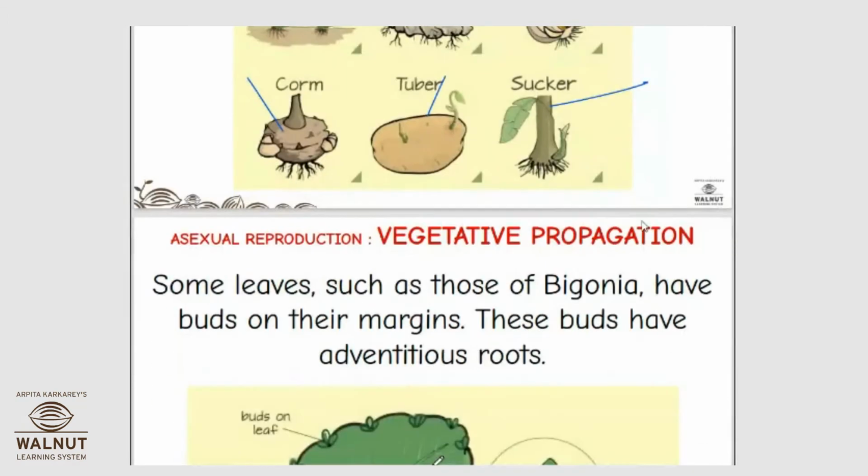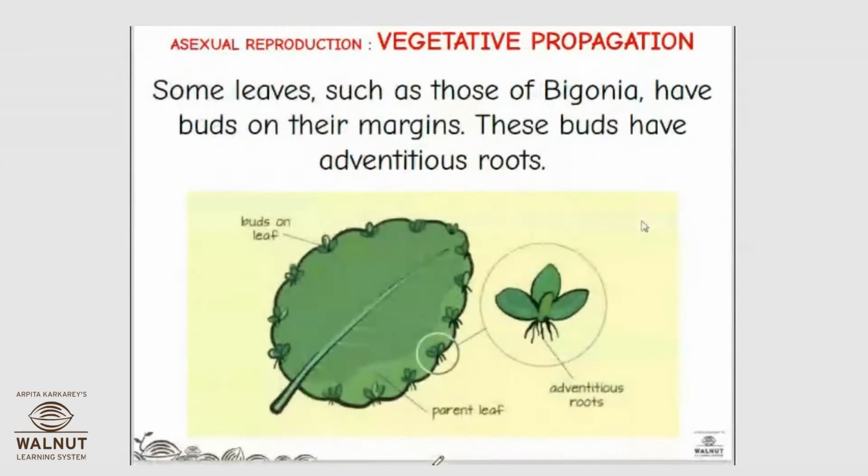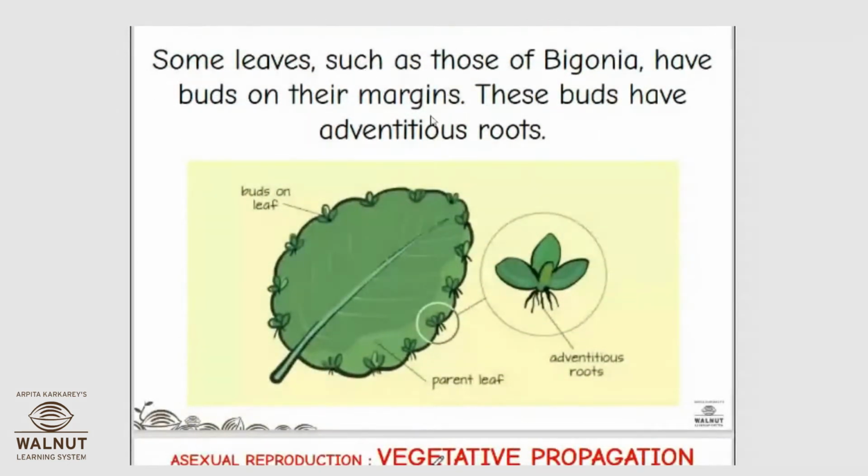Now, in some plants, there are leaves from which reproduction takes place. Here, you can see at the notches, very small leaves are growing. At the bottom, there are very small roots. These roots are called adventitious roots or aerial roots because they are in the leaves, not in the ground, they are in the air.